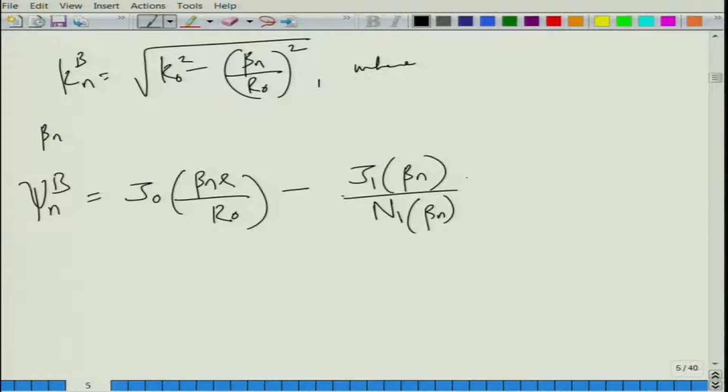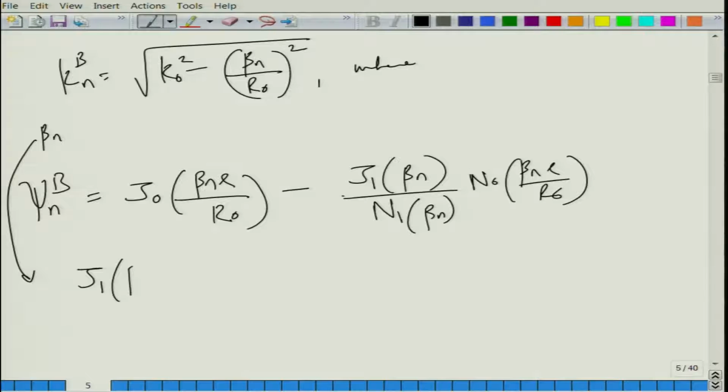So, this is the Neumann function, beta n by r naught. We will get this sort of a thing. And what about the other things? You have this. Beta is obtained by solving this set of equations, and in my previous papers I have listed down typical values.